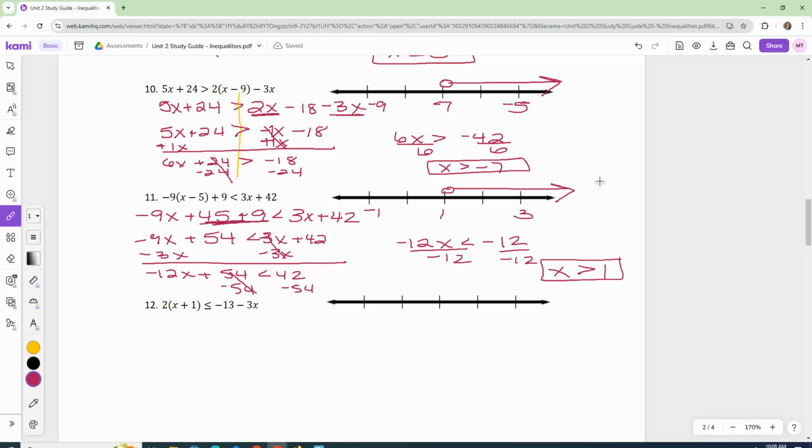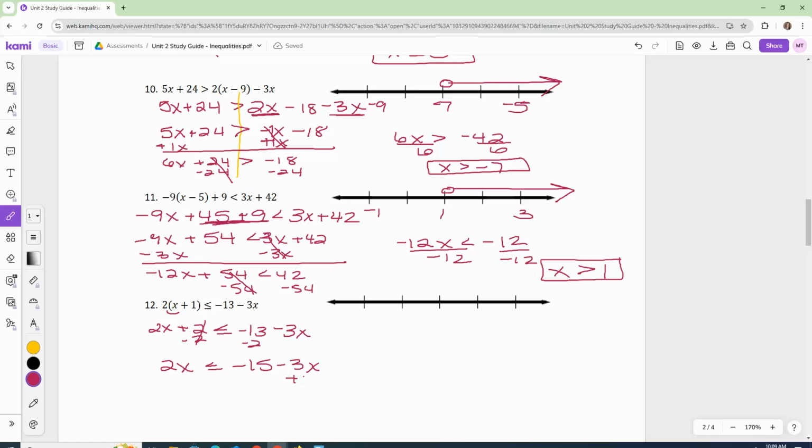Anybody want it? Distribute the 2. So we get 2x plus 2 is less than or equal to negative 13 minus 3x. And then subtract the 2, so bring that 2 over. 2x is less than or equal to negative 15 minus 3x.